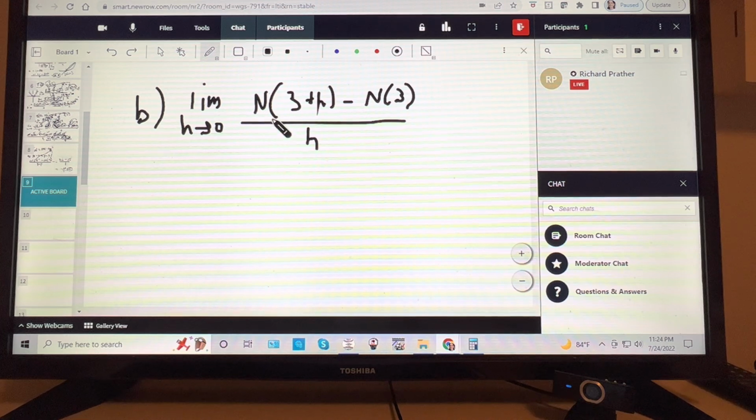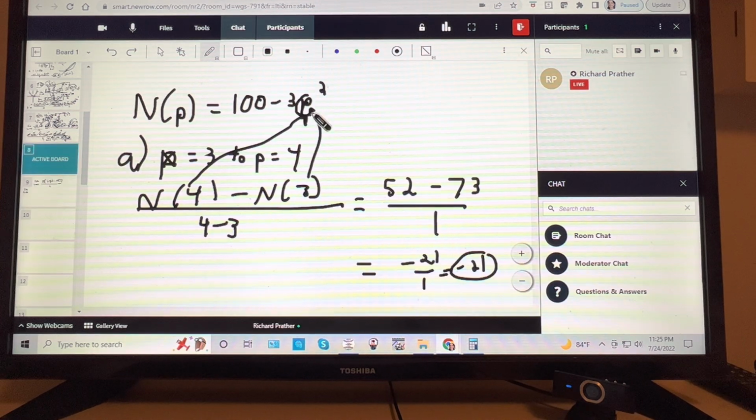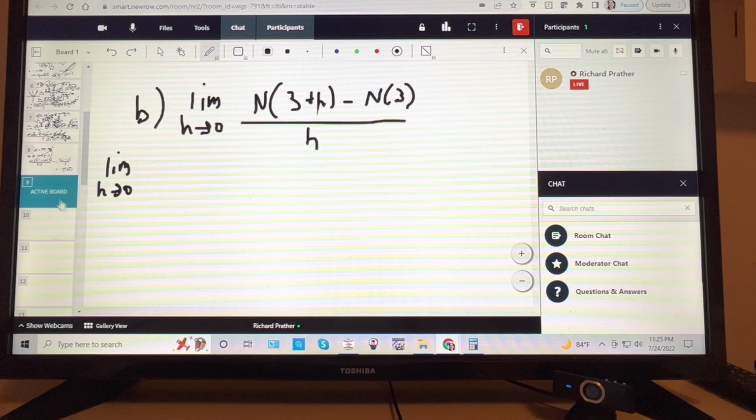So that way we're doing 3h, 3h. So limit is h approaches 0. Stick 3 plus h right where that p is. So 100 minus 3 times that squared.